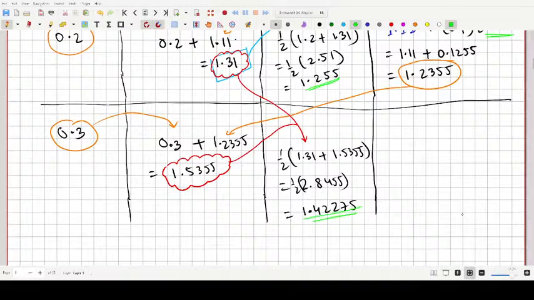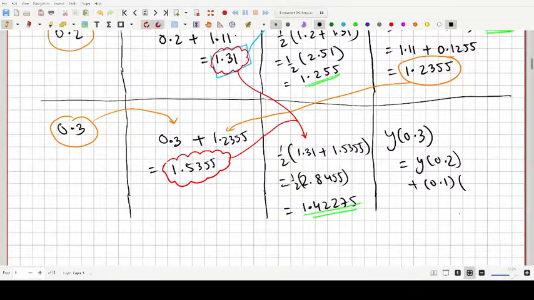Let us now see what our y at 0.3 is. So y at 0.3 is equal to the previous y plus h multiplied by the mean slope, which is 1.42275.